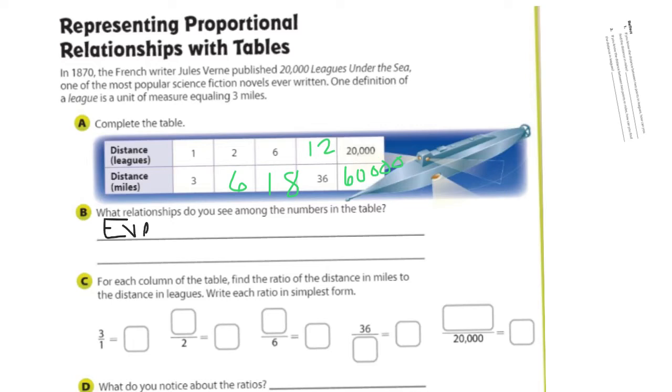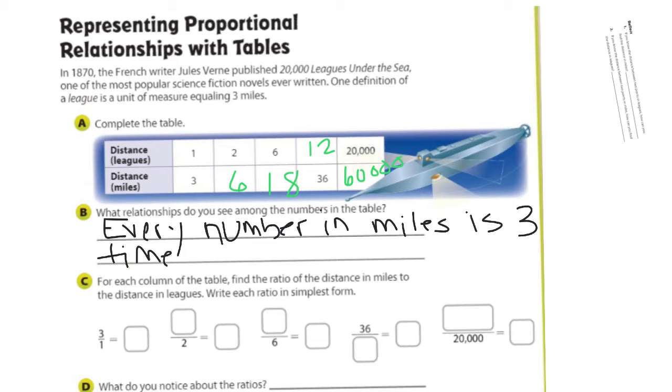Every number in miles is 3 times the number of leagues. Now again, leagues is just a way to talk about distance on the ocean, and a league is about 3 miles.